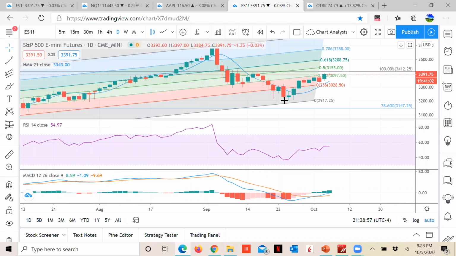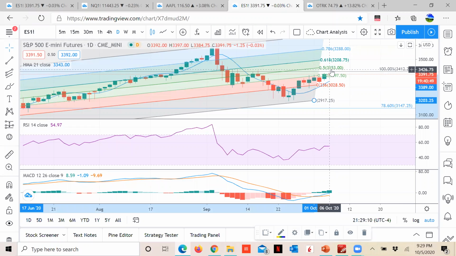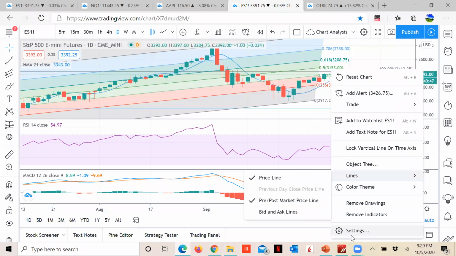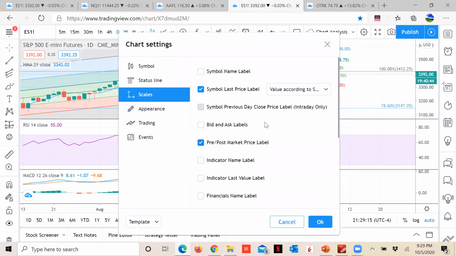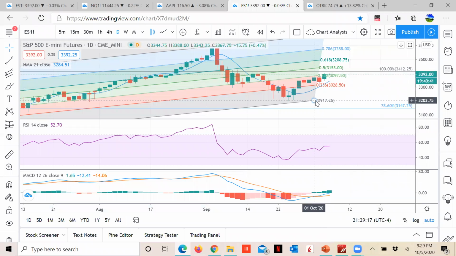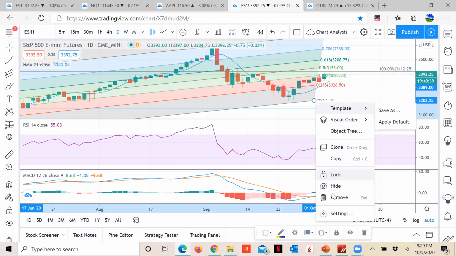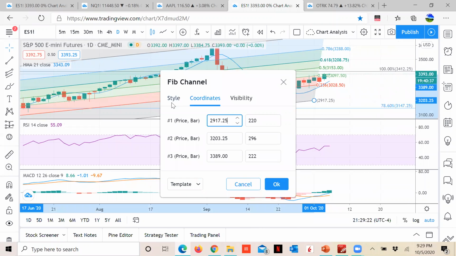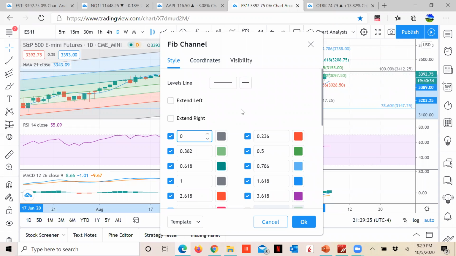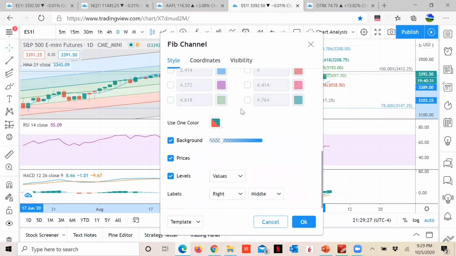And in between these high and low, it has the same ratios as we did for the retracement, like 23.6. If you want to make it consistent with retracement, just right click on it, click on Fibonacci channel, go to the settings, go to the styles, and make this as percents.